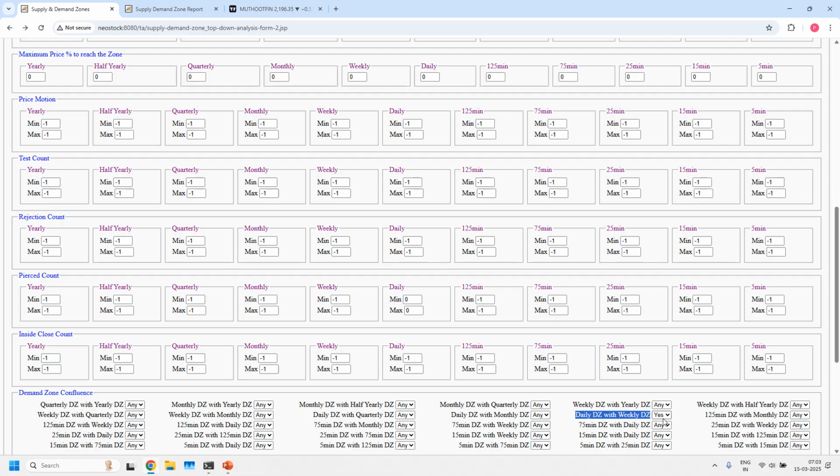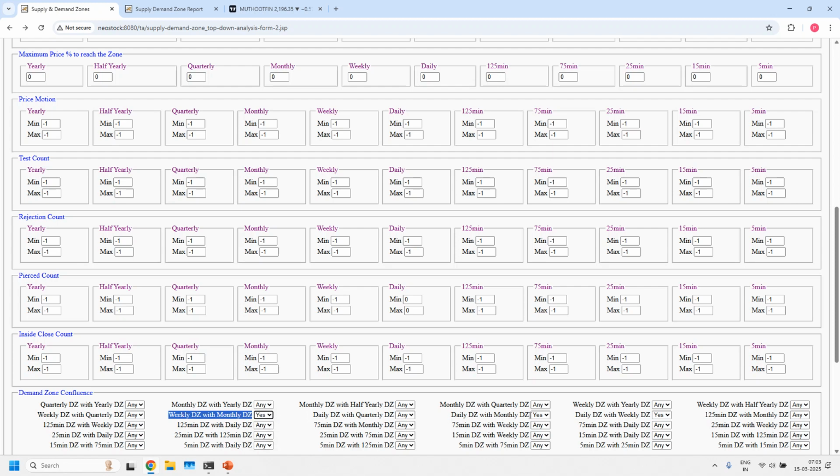What are the remaining 2 filters? Because the daily demand zone and weekly demand zone should overlap, and both together with the monthly demand zone, all 3. So daily with weekly, and also we are checking daily with monthly. But this is not enough. Weekly also should overlap with monthly, right? So that's why weekly demand zone with monthly demand zone confluence.